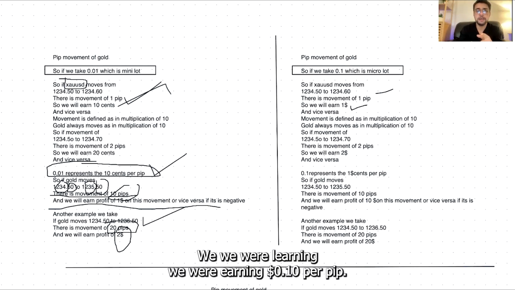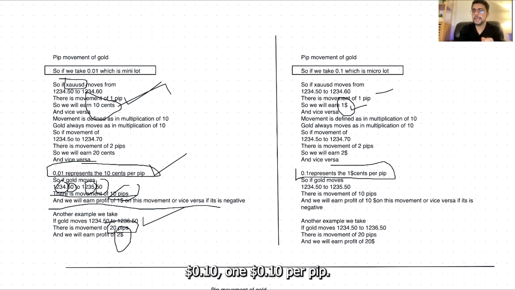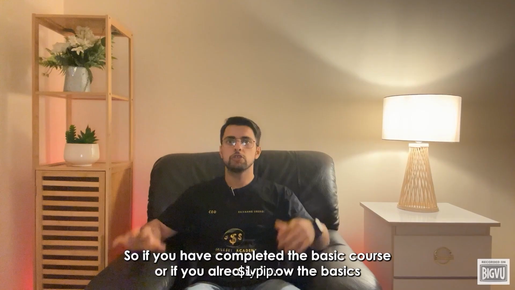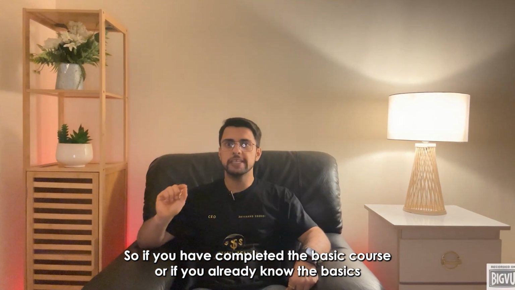Here we were earning 10 cents per pip, but now we will be earning $1 per pip, because 0.1 represents $1 per pip.